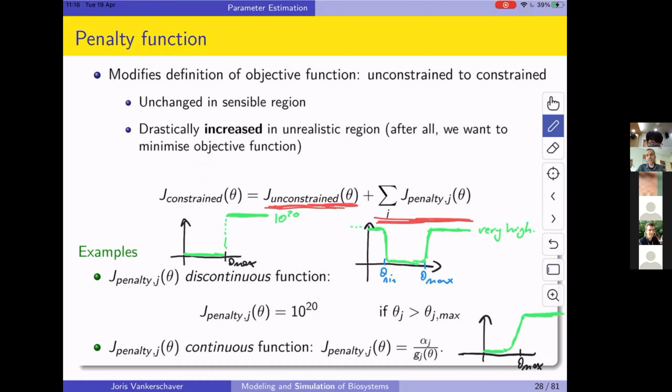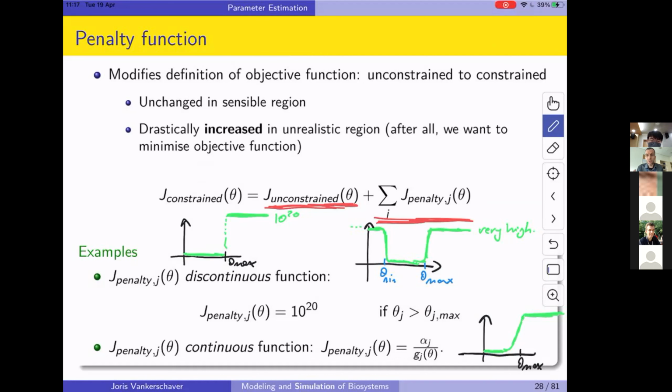The disadvantage is that depending on the slope of this increase, your parameter might end up a little bit outside of the desired region, because if it ramps up slowly, maybe it's not high enough at theta max in order to exclude that.